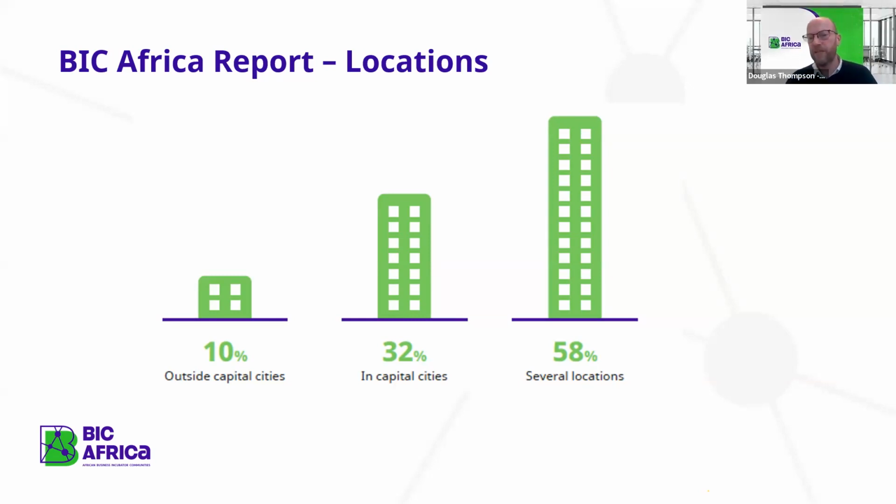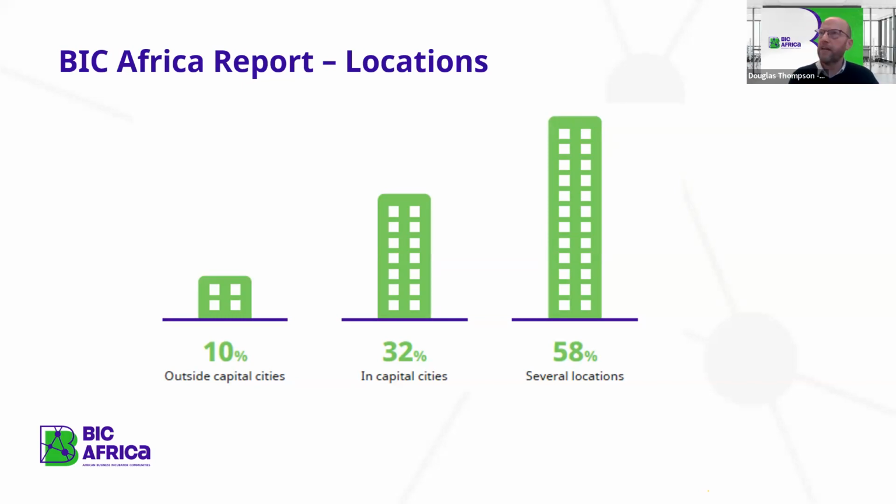In fact, 58% were involved in several locations, including the capital cities but also other cities and locations within the country. So you can see that a significant proportion had either countrywide coverage, or more likely, locations and a focus not just in the capital city, but the capital city plus 2 or 3 other locations.